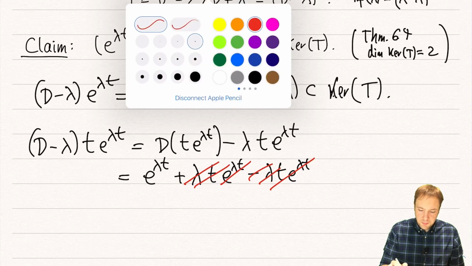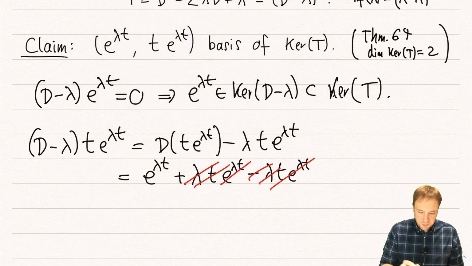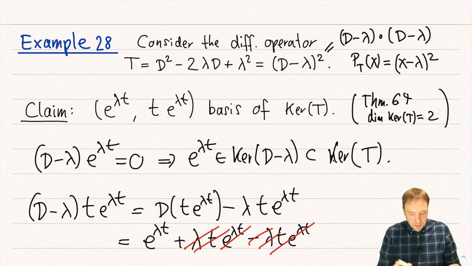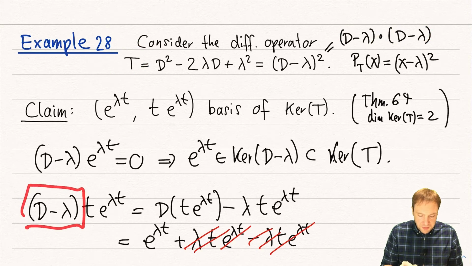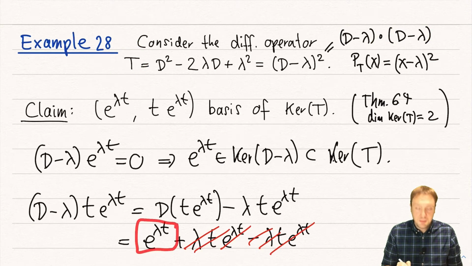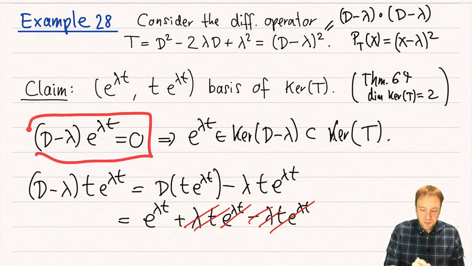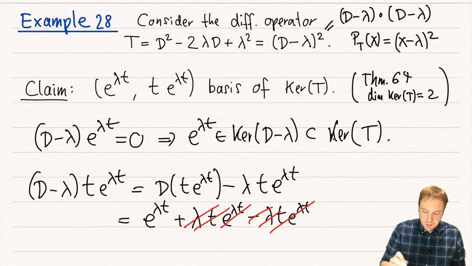Now we just applied this D minus lambda once, but this operator T is given by applying D minus lambda and then again applying D minus lambda. If we apply D minus lambda again, we just apply D minus lambda to this e to the lambda t, but here we already saw that this is 0.